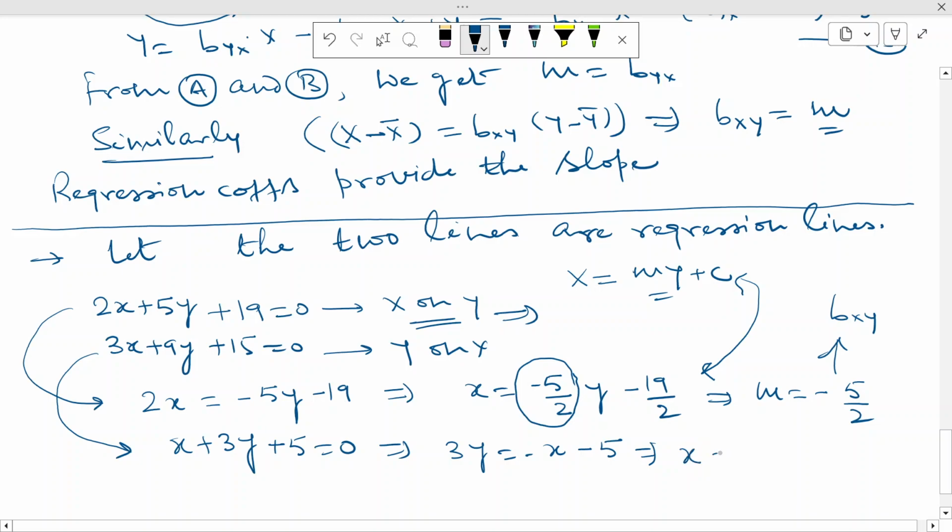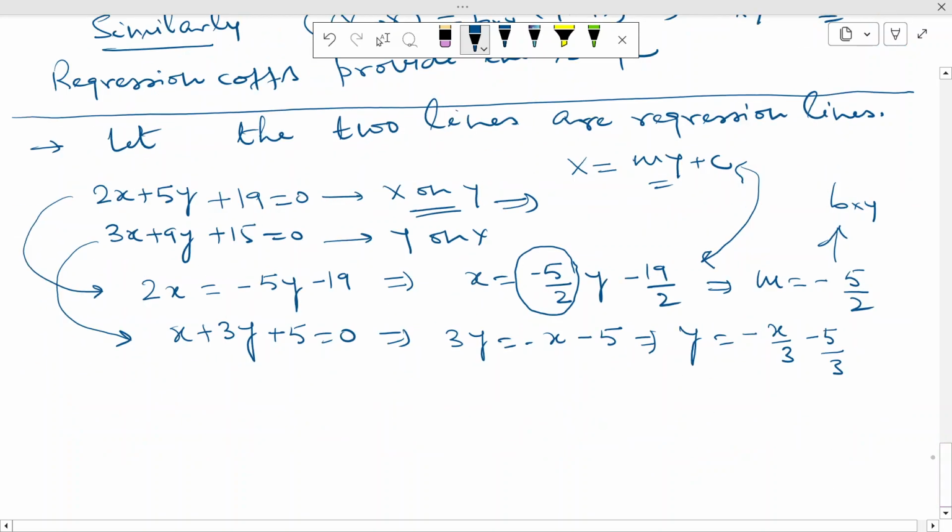So we are having y is equals to minus x by 3 minus 5 by 3. So from here the slope of this line is minus 1 by 3. This will be the value of your second regression coefficient, which is byx here.